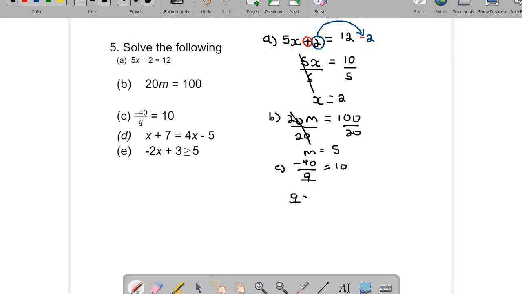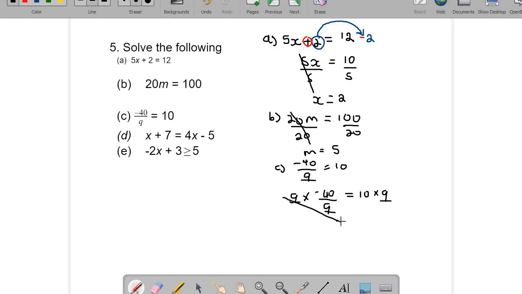When you do that, you can cancel out the variable from the denominator. So we're just going to multiply both sides of the equation by this variable.